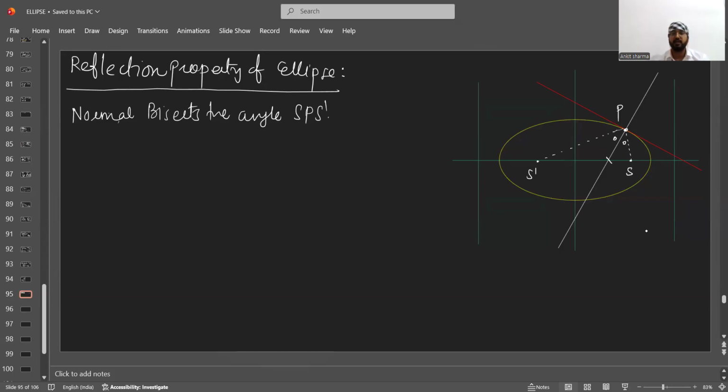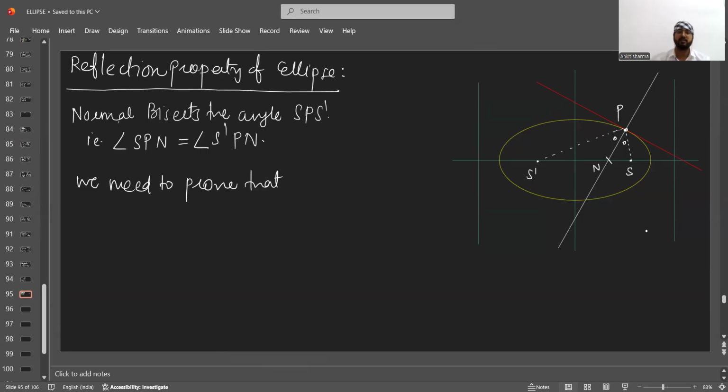That means this normal is actually bisecting the angle SPS'. I have this point, say N. I have to prove that angle SPN is the same as angle S'PN. So these two angles are equal, which means the normal is acting as the angle bisector. You must have studied this result in class 10, the angle bisector theorem.